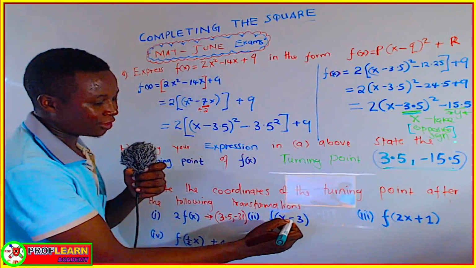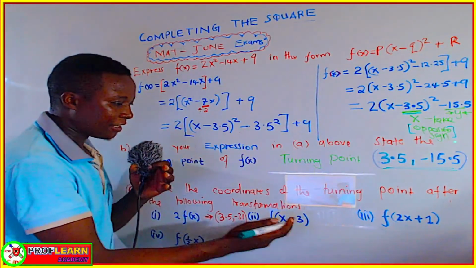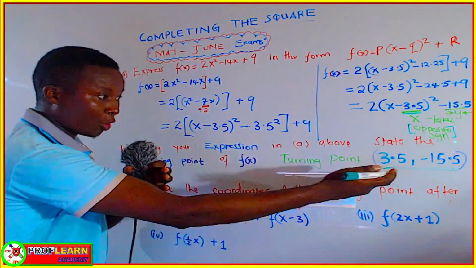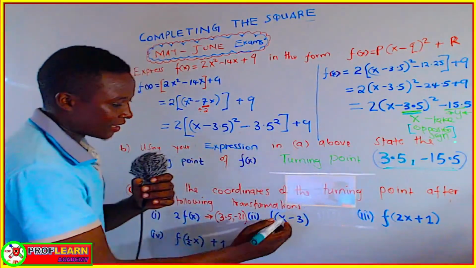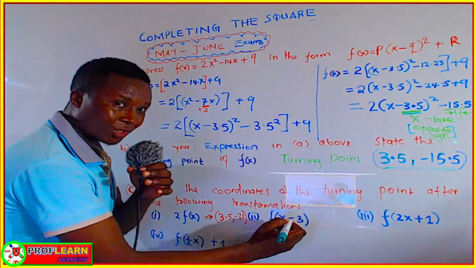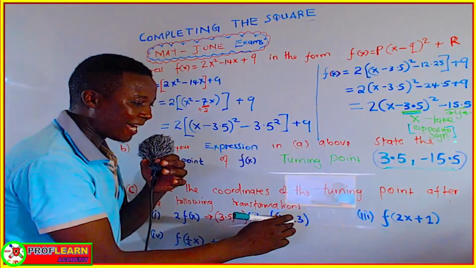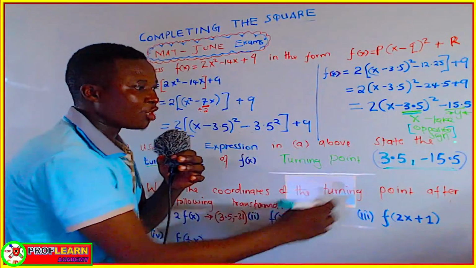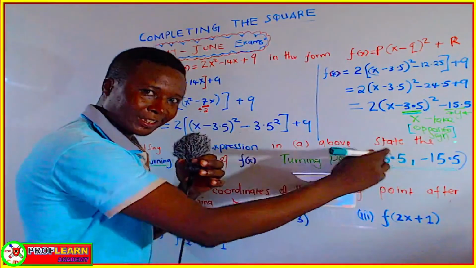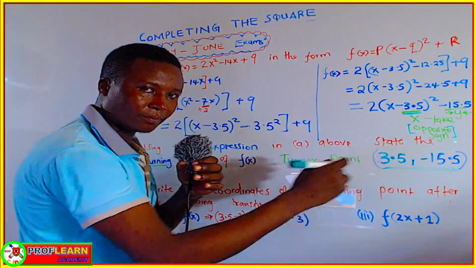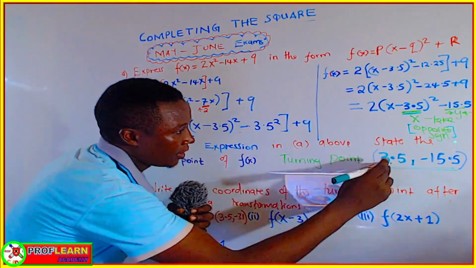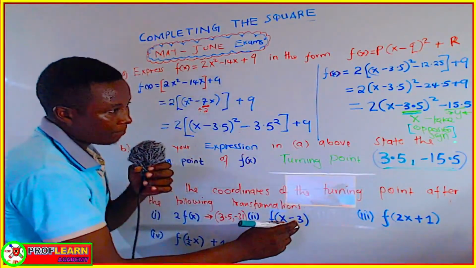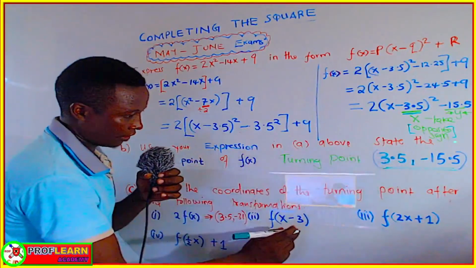So this transformation is going to affect the x coordinate only. The y coordinate is going to remain the way it is. But whenever you perform this transformation, instead of subtracting 3, you are going to add 3 to the x coordinate. I believe we are together. Our x is 3.5.